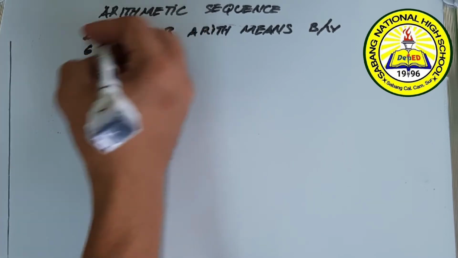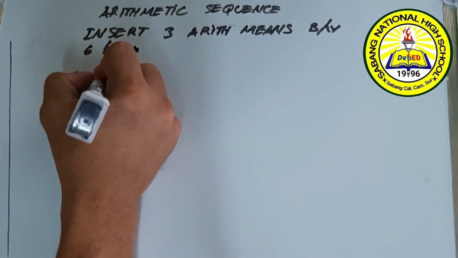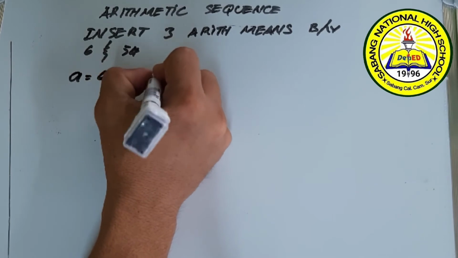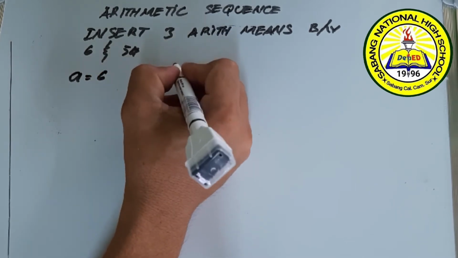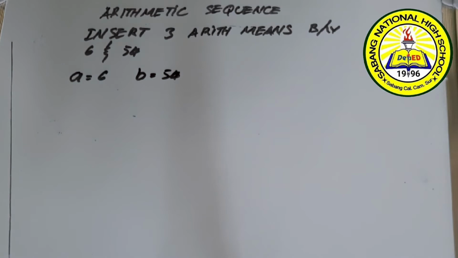So, meaning to say, our A is 6 and the value of our B is 54. We are going to insert three arithmetic means between 6 and 54.